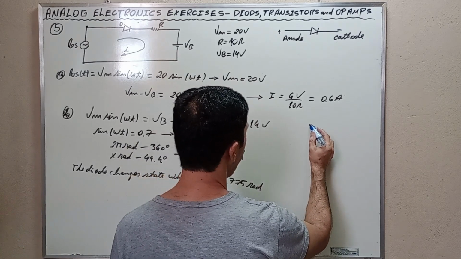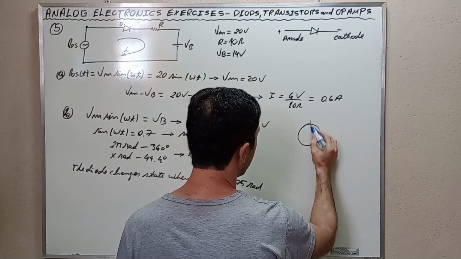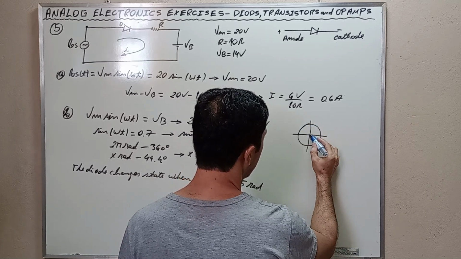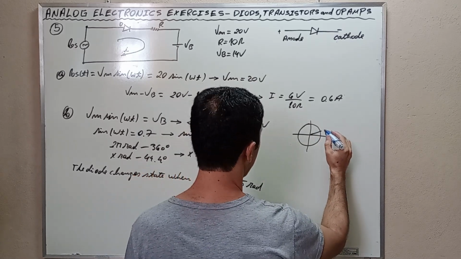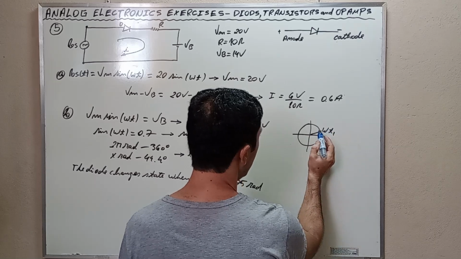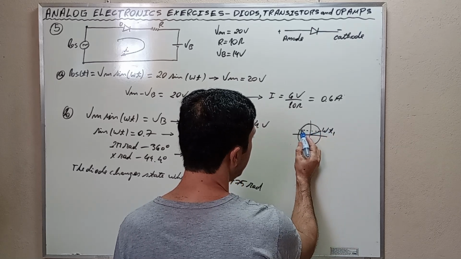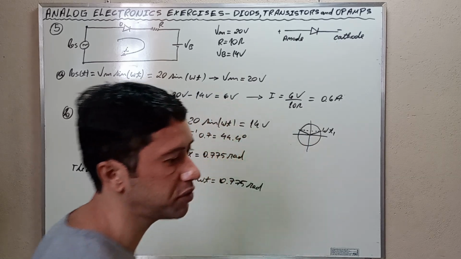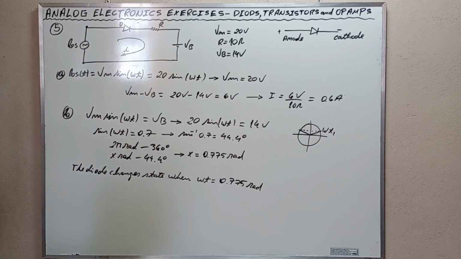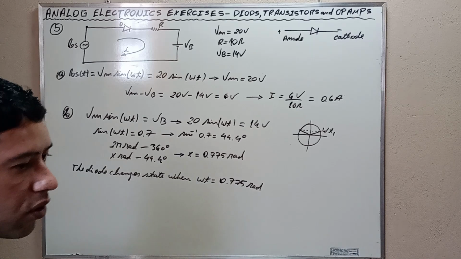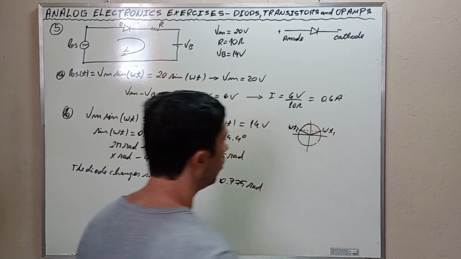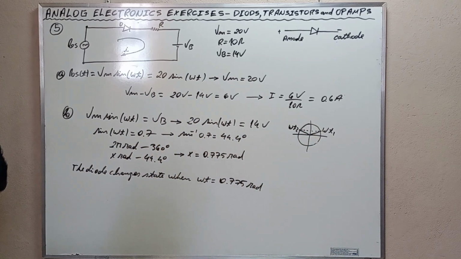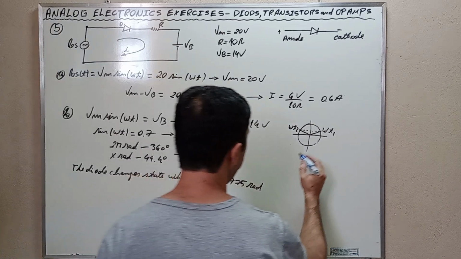This is the circle, and here the axis. Let's suppose that this angle here is Wt1, but we have another angle here with the same sine. We are calling it Wt2.